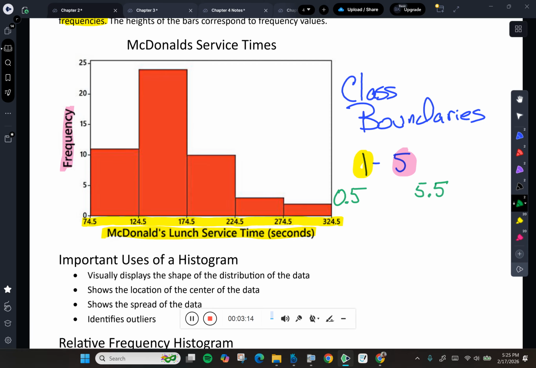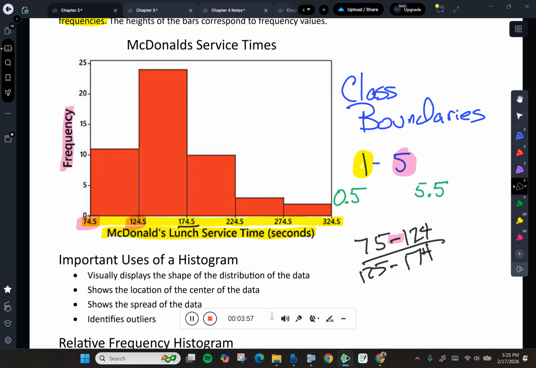Class boundaries are always half a unit below or half a unit above, depending on whether you're talking about the low end or the high end of a class. So this 74.5 tells me that their first class started at 75. This 124.5 tells me that their first class ended at 124. The 174.5 means that the second class went from 125 to 174, and the third class, and so on. So you can read the classes off of that.